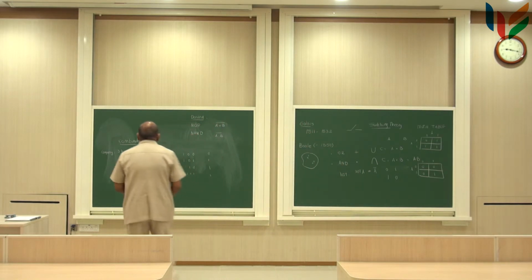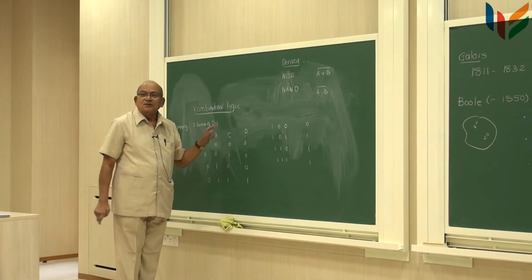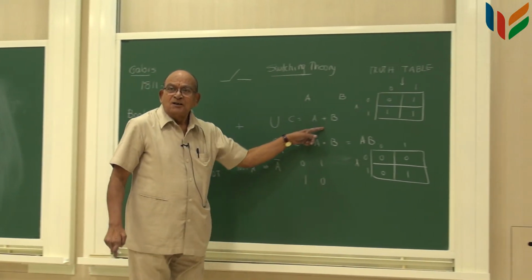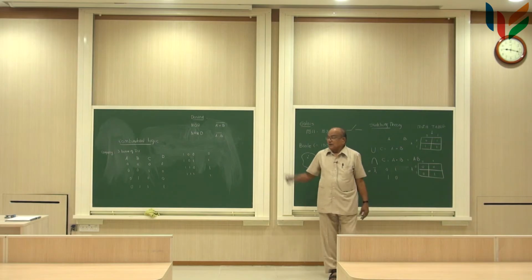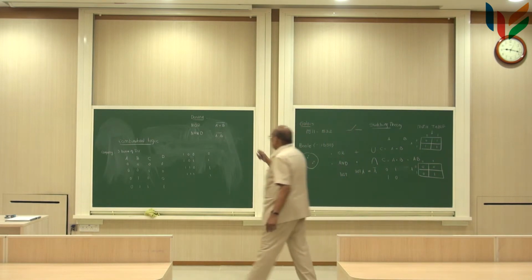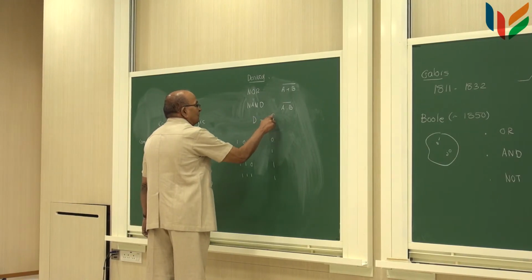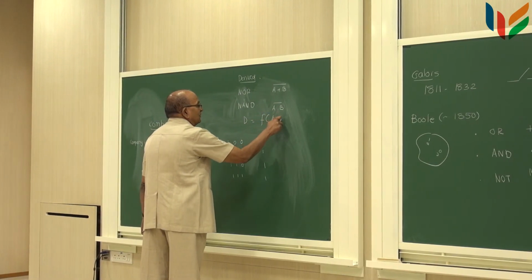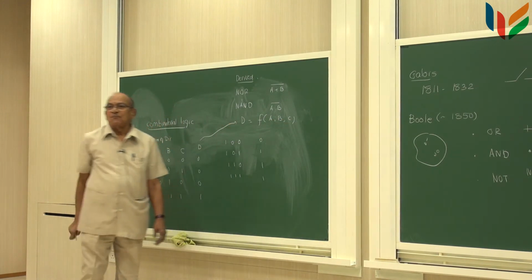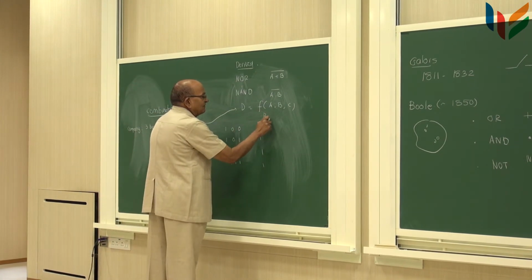And then what is the relation of D in terms of A, B, C? So I must write some equation here, D as a function of A, B, C. This function is called a Boolean function.